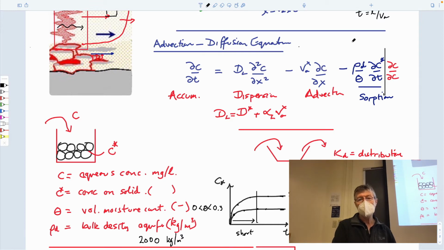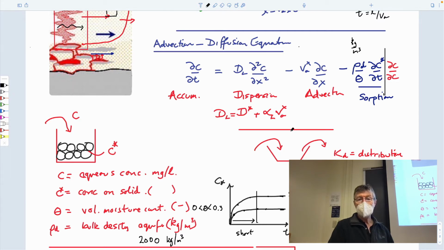This is in units of kilograms per meter cubed divided by a number. So the units of this have to be in the ratio of milligrams per liter divided by kilograms per meter cubed. Has to be, right? Just for apples and apples. So the concentration of the solid, I guess I didn't define it here, but let's see exactly what that should be.